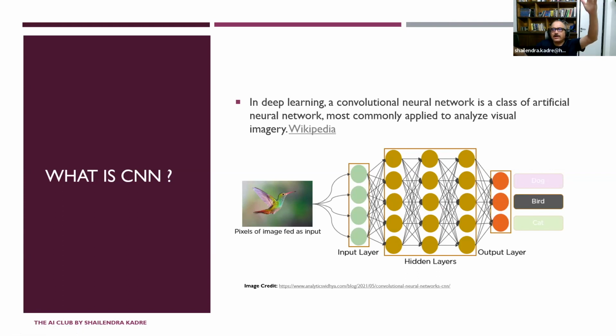Suppose there are 1,000 kinds of images in your data set, then there will be 1,000 classes in the output layer, and it will classify into 1,000 classes. It will be a multi-class problem. That is the motivation behind CNN: it is used to deal with images.